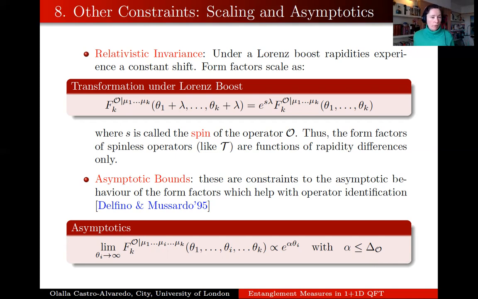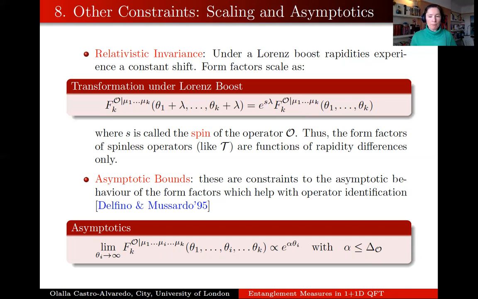The reason they gave is that if this were not true, then the form factor expansion of the two-point function of this field that I wrote earlier would not be convergent. So this is a condition that can be helpful when you're trying to narrow down the possible solutions for a particular operator.